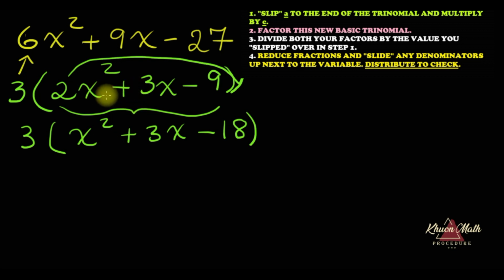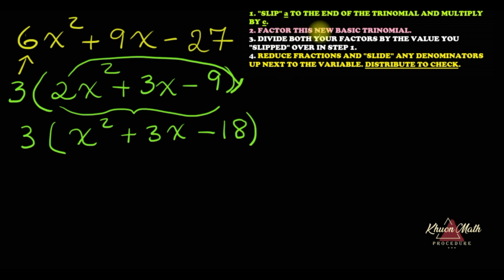Okay, so we're able to bring down from a trinomial with the leading coefficient greater than 1 to where the leading coefficient is 1. So it's a lot easier to factor the one we have down here. Okay, so we're going to move on to step 2.